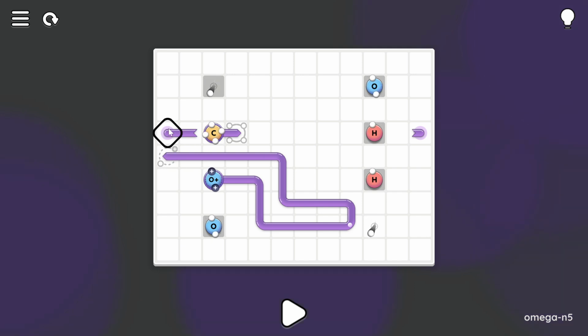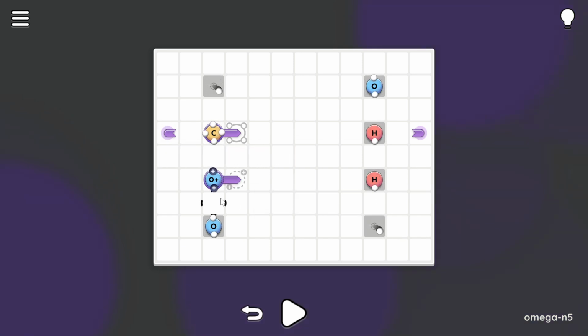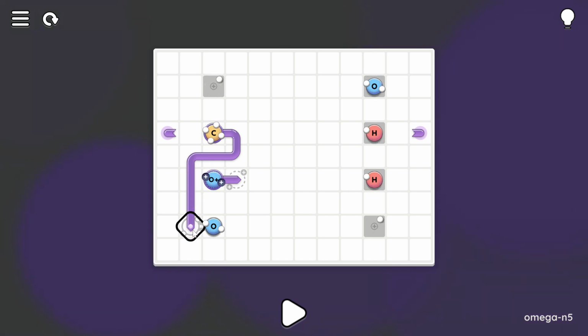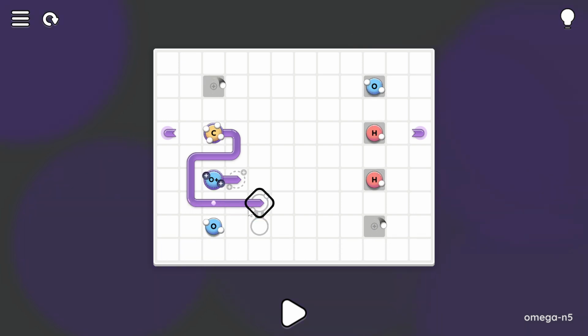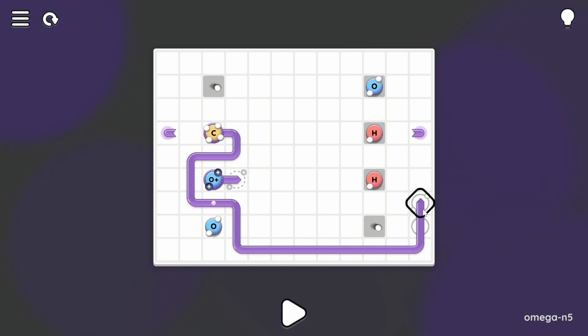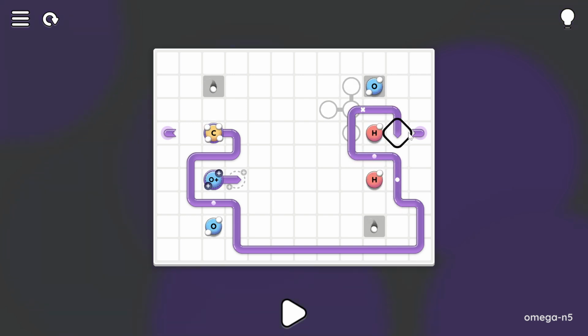You can't end on the side. It doesn't work. This goes around maybe? I mean, going around it looks okay. Something like this looks maybe fine.